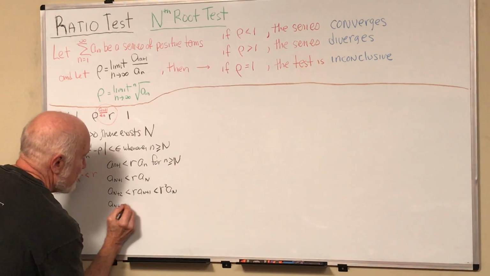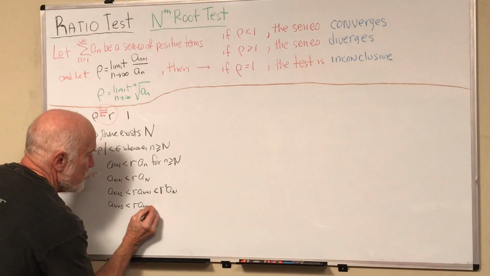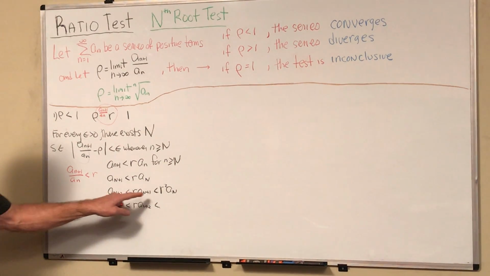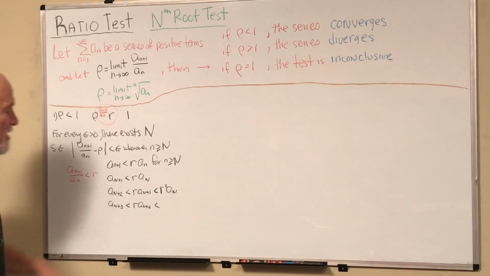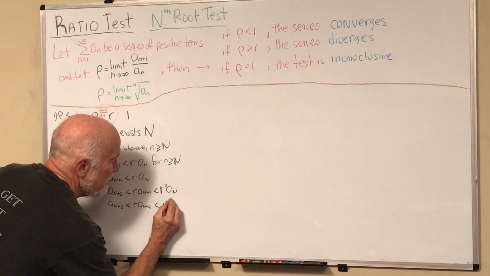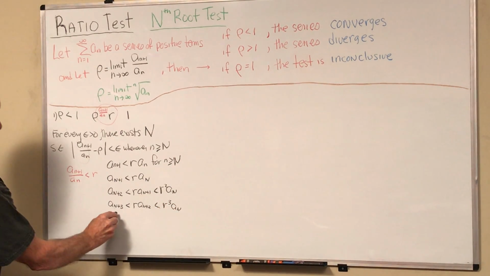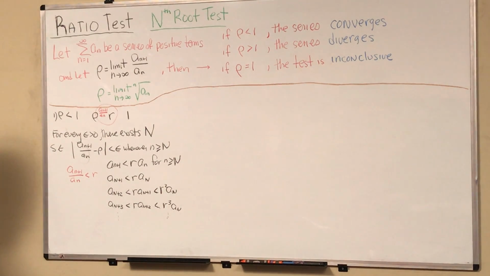A sub N plus 3 is less than r a sub N plus 2. And if I look at what a sub N plus 2 is, it's less than this. So r times that is going to be less than r cubed a sub N. And then I can just keep doing this all the way through.